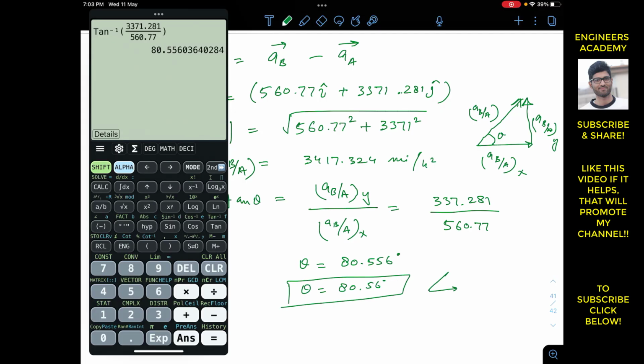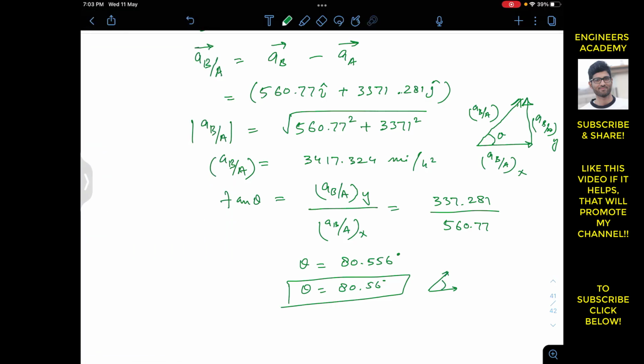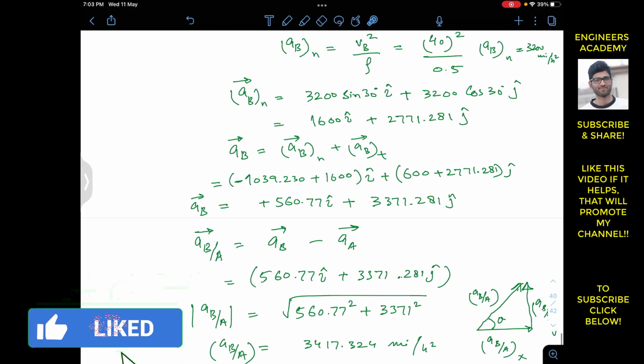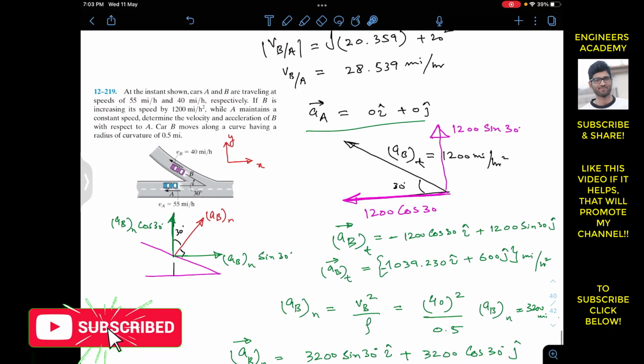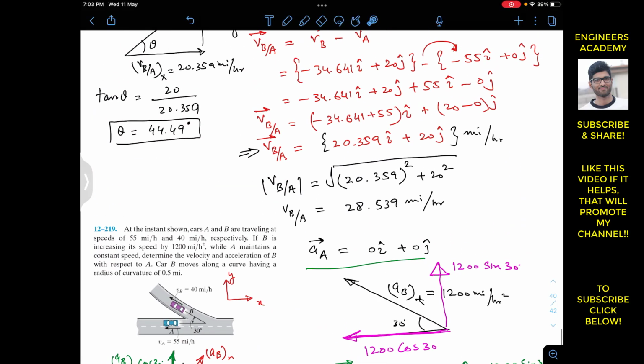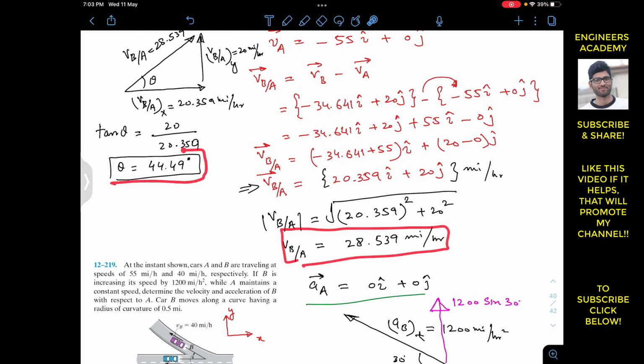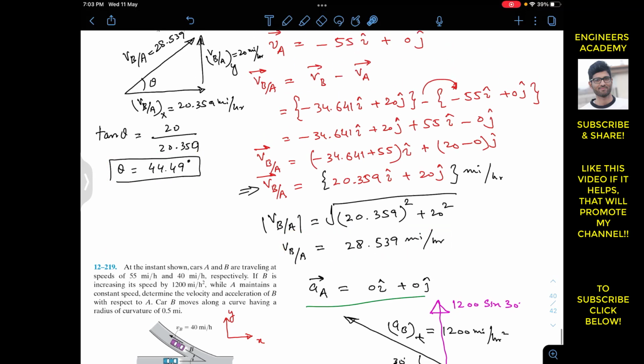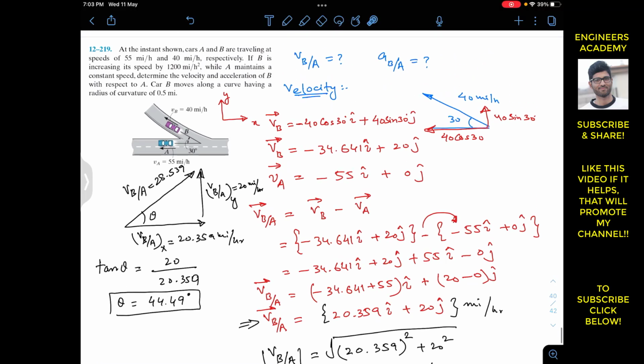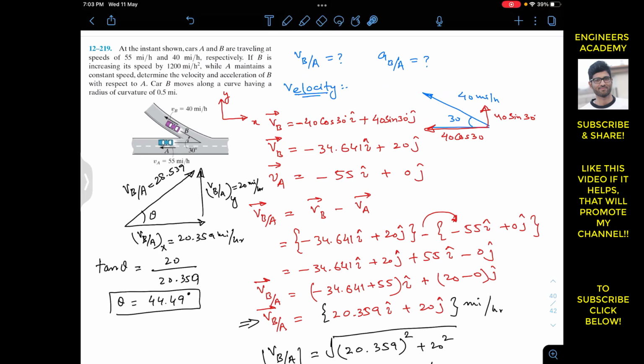So we have this angle, and the magnitude of the acceleration of B with respect to A is 3417.324, and the relative velocity of B with respect to A has magnitude 28.539 and is making 44.49 degrees with the horizontal. So this is the solution of this particular problem. I hope this will help you in your learning.